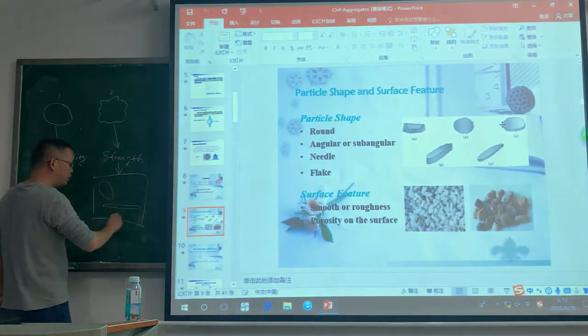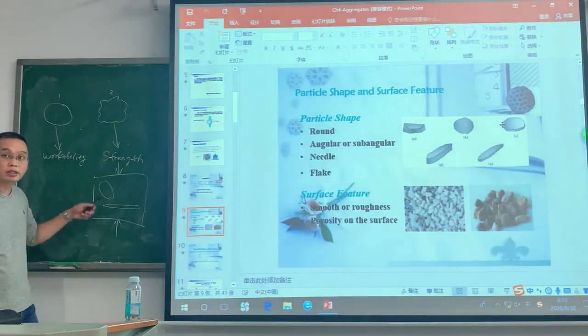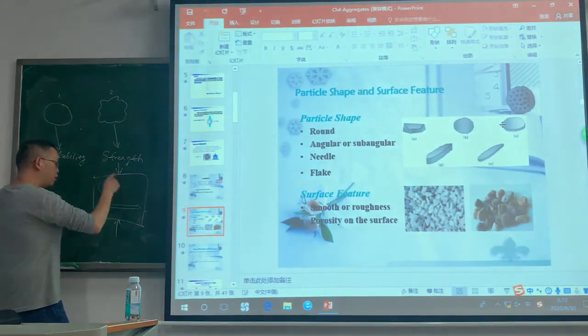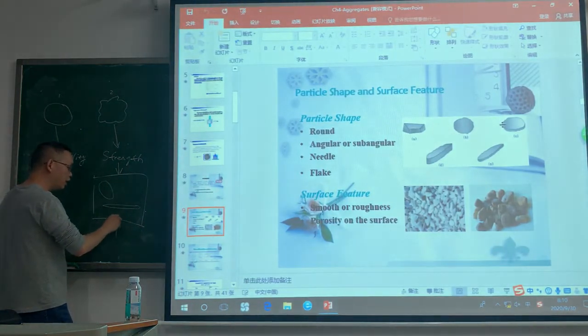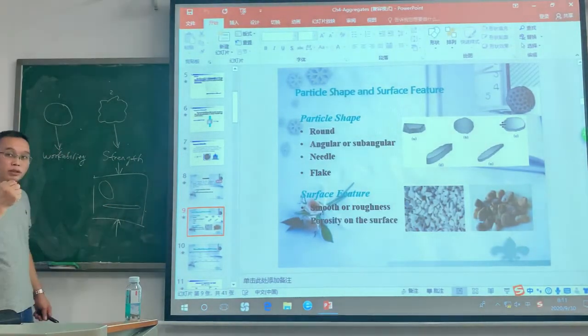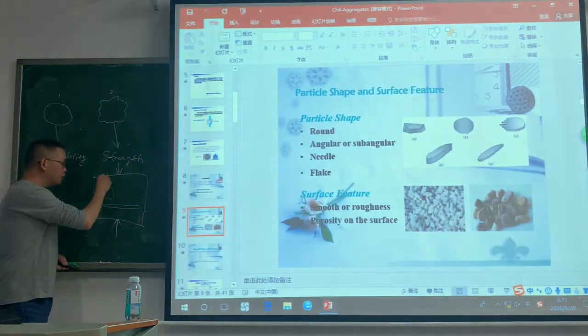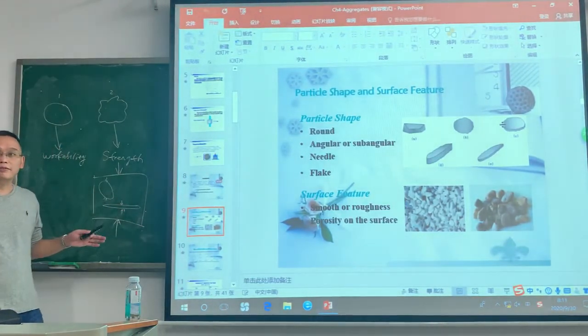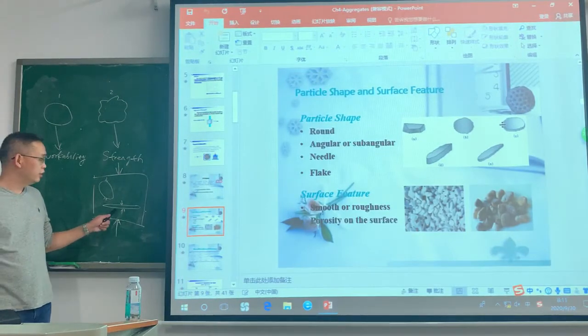If we conduct a load on the specimen, strain will occur in the specimen. When the load is small, at the same load, which one will be broken first? The needle one.